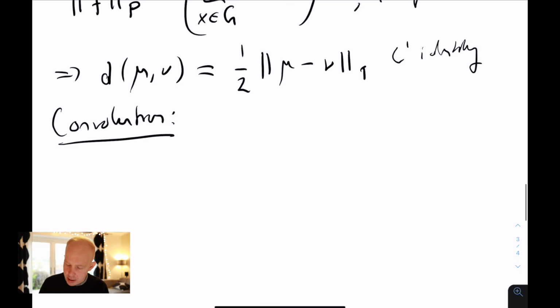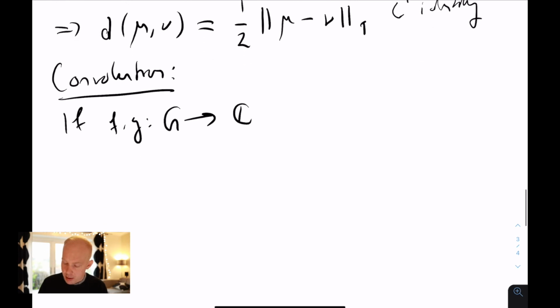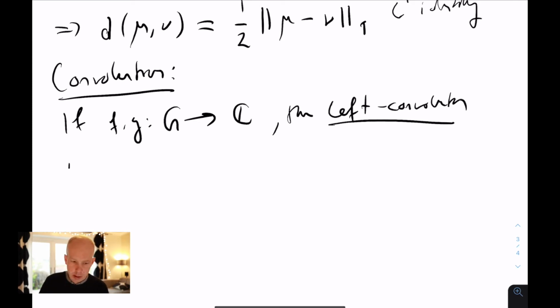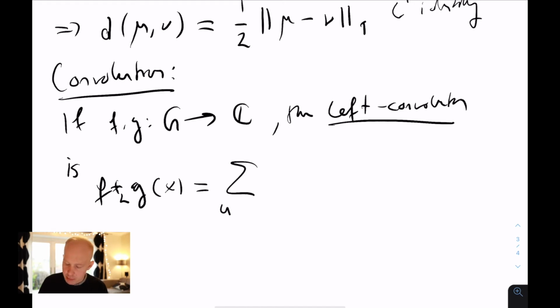So let's take f and g to be functions from G to, let's say, the complex plane, and then we define the left convolution, f star_L g, at the point x. You sum over y in the group, and you take the product from the left, y x, f of y, g of y inverse x.